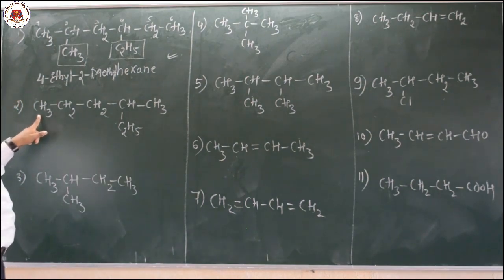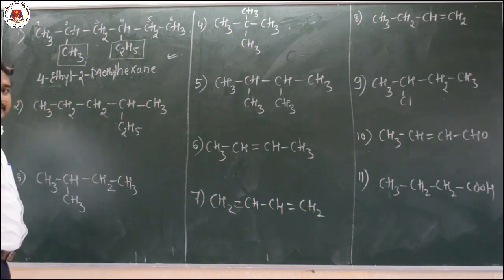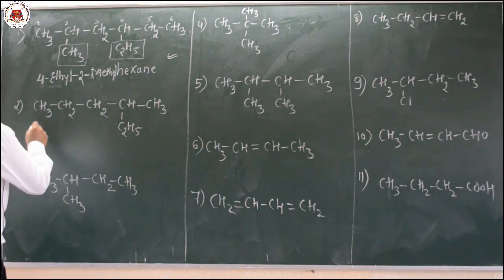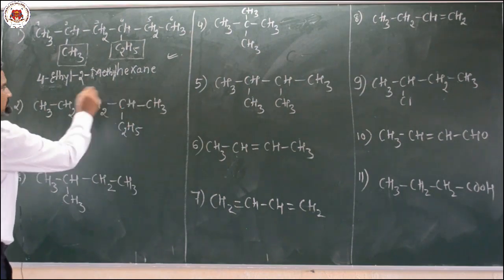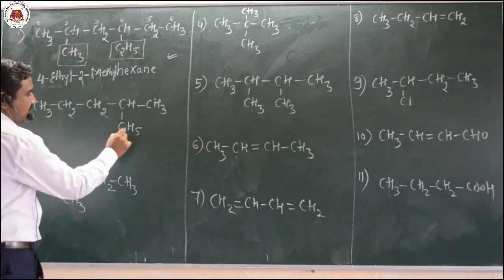I have written it already. First you have to identify the longest chain, which acts as the parent chain. Here we have 1, 2, 3, 4, 5 carbon atoms, and don't directly select this one, because we have another group here, C2H5.